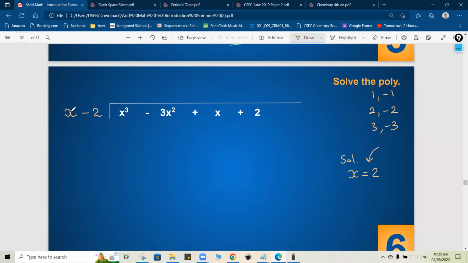Let's divide it by its factor form, x minus 2. x squared, so you're going to get x cubed minus 2x squared. Minus 3, so you're going to get minus 1x squared here. Minus 1x here.